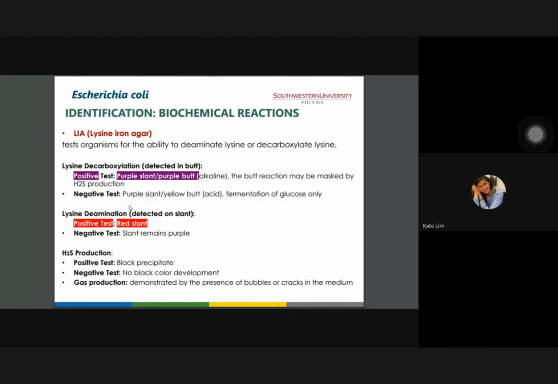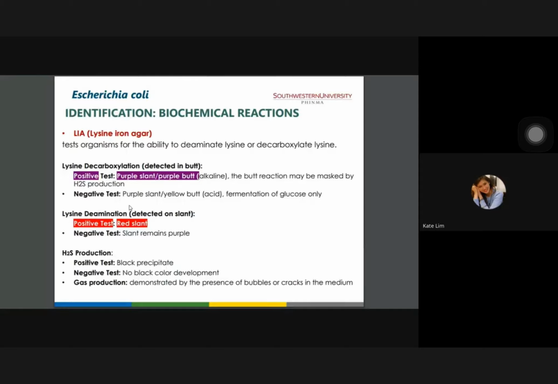How about the lysine deamination? When you say deamination, it means the amino group is removed. It removes the amino group of the lysine.